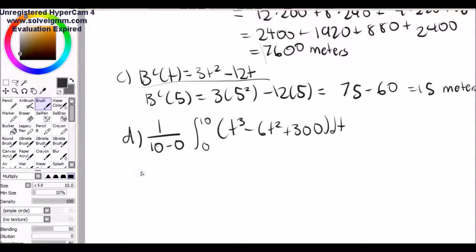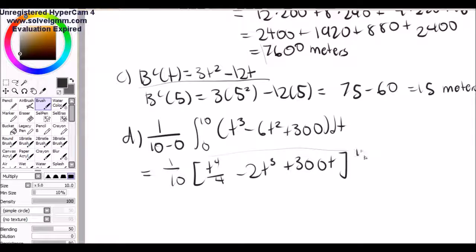We can simplify a little bit and take the antiderivative to evaluate. So we get 1/10 times [t to the 4th over 4 minus 2t cubed plus 300t] from 0 to 10.